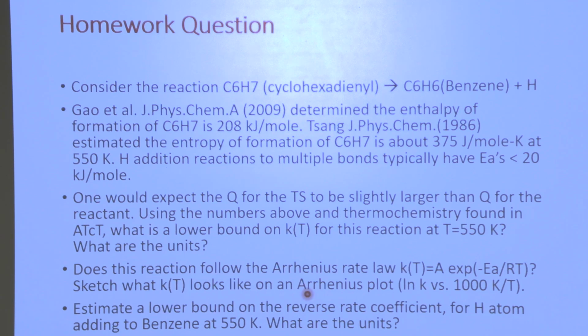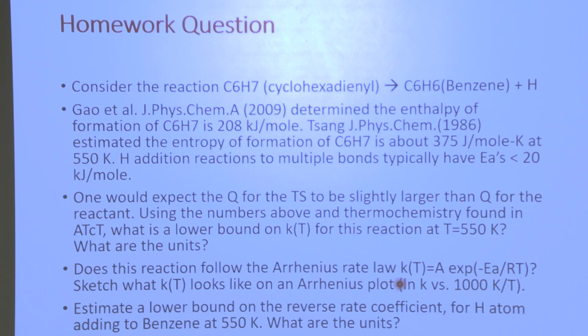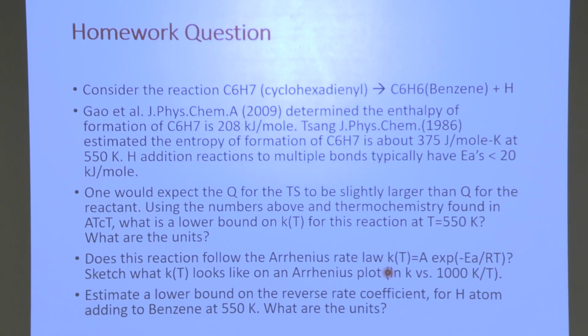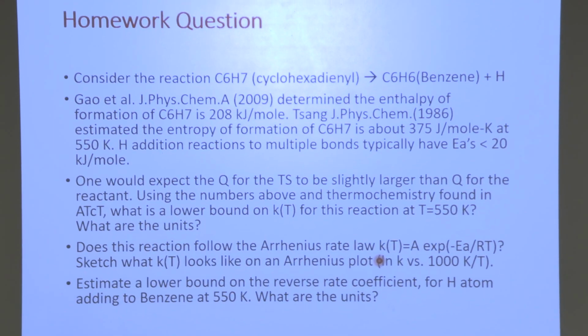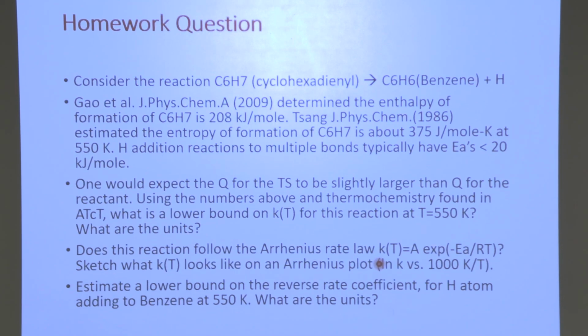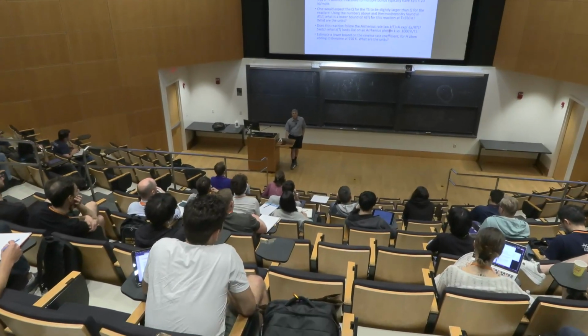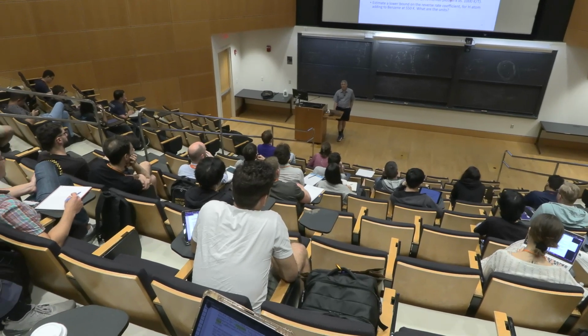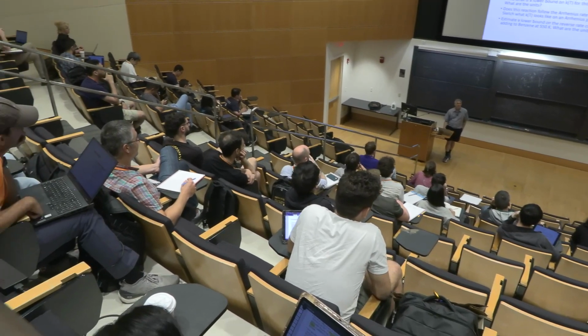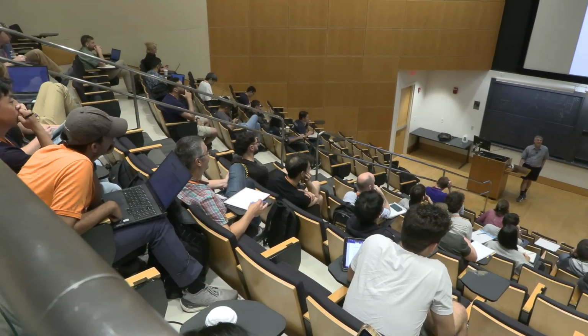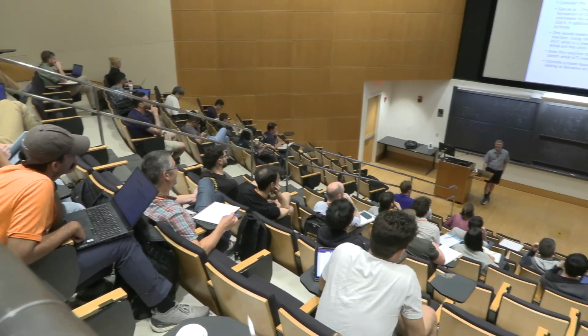Do you think the reaction will follow an Arrhenius rate law? What's your thought? As far as I know, no one knows the true value because nobody ever actually measured it. So you can just make your own guess. Feel free. Do you think it will or not?